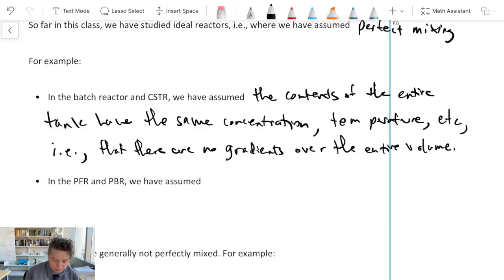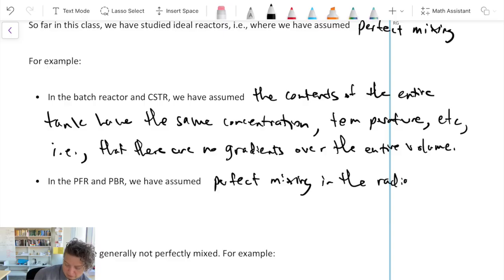In our tubular reactors, the PFR and PBR, we have assumed perfect mixing in the radial dimension, and no mixing in the axial dimension.